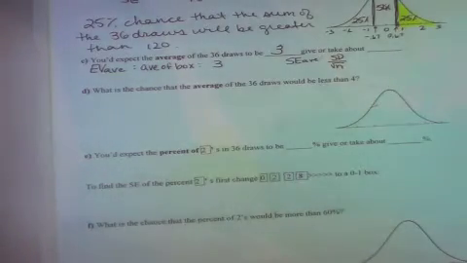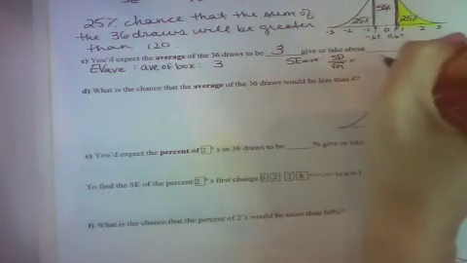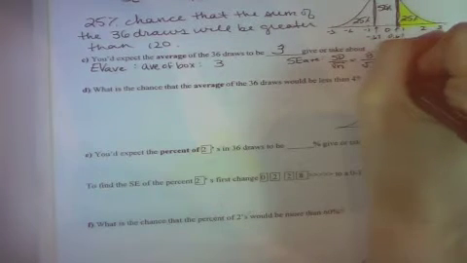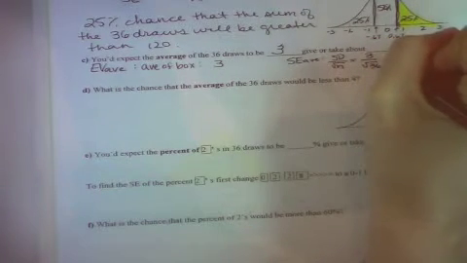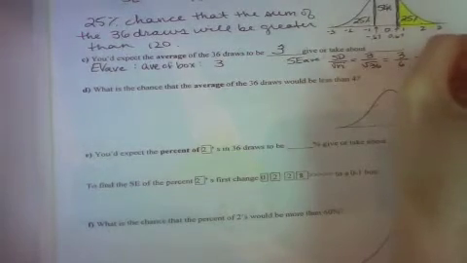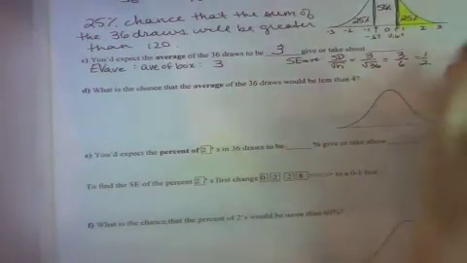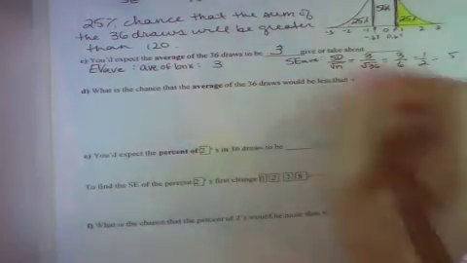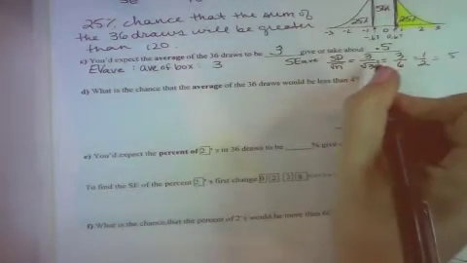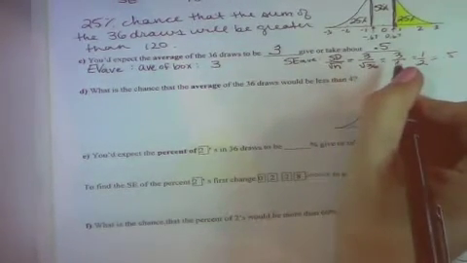Okay? So our standard deviation we already calculated to be 3, square root of n, square root of 36 draws. So 3 over 6 is 1/2, so about 0.5, right? Same thing as 0.5. So we would expect the average of our draws to be 3, give or take about 0.5, our standard error. Everybody good there?